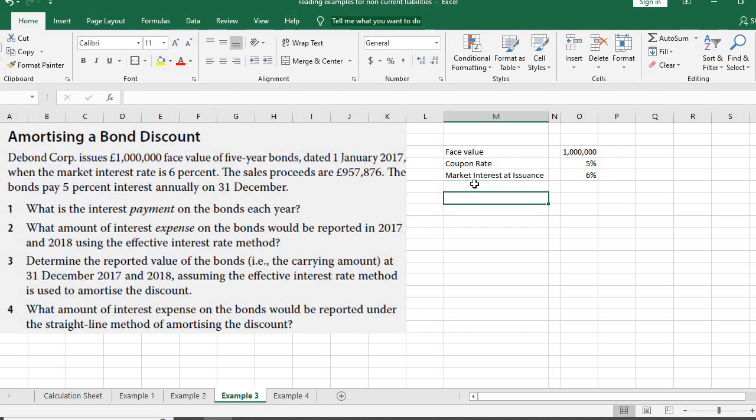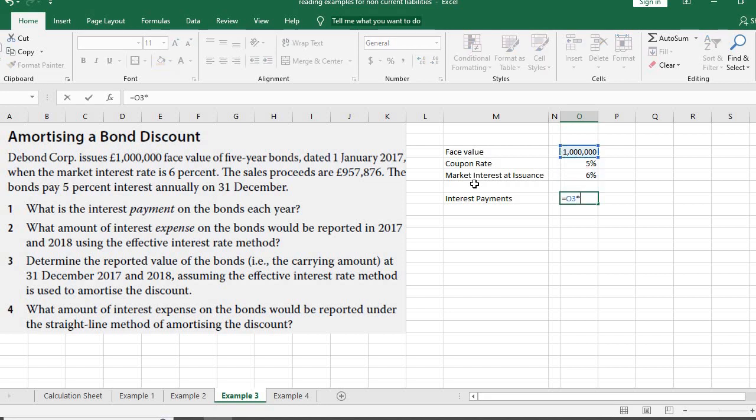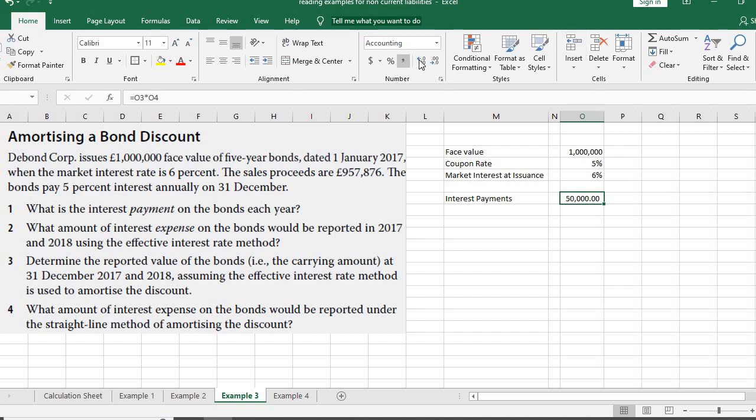So interest payment is always, for a fixed rate bond, your face value times your coupon rate. So this is going to be 50,000 over the life of the bond. So this is what the first requirement for the example is.